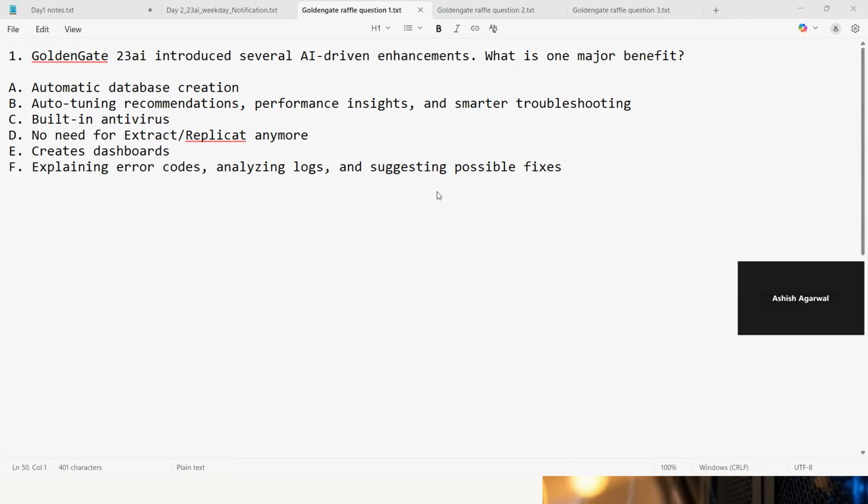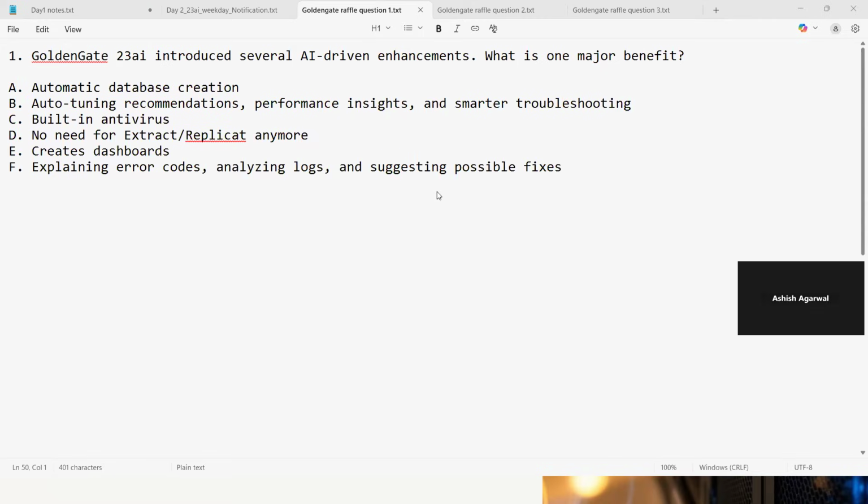So the question is, GoldenGate 23ai introduced several AI-driven enhancements. What is one major benefit? First option is automatic database creation. Second option is auto-tuning recommendations, performance insights, and smarter troubleshooting. Third is built-in antivirus.